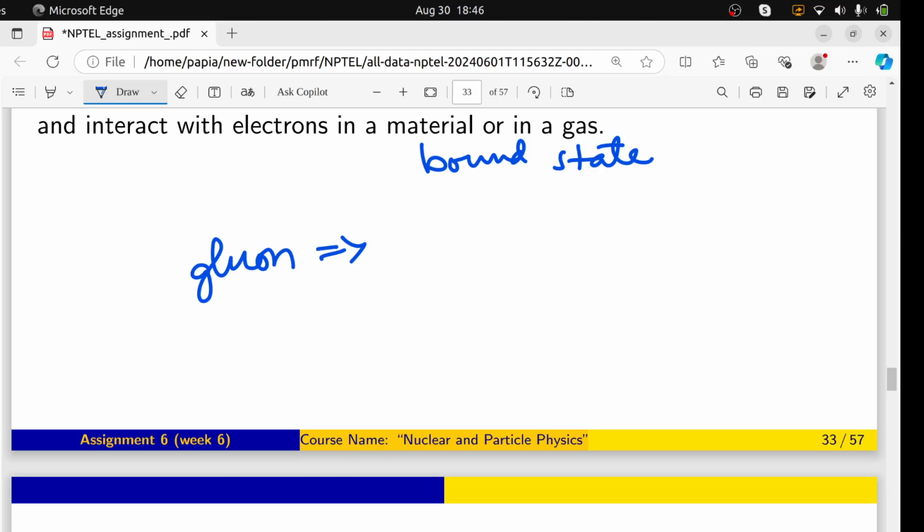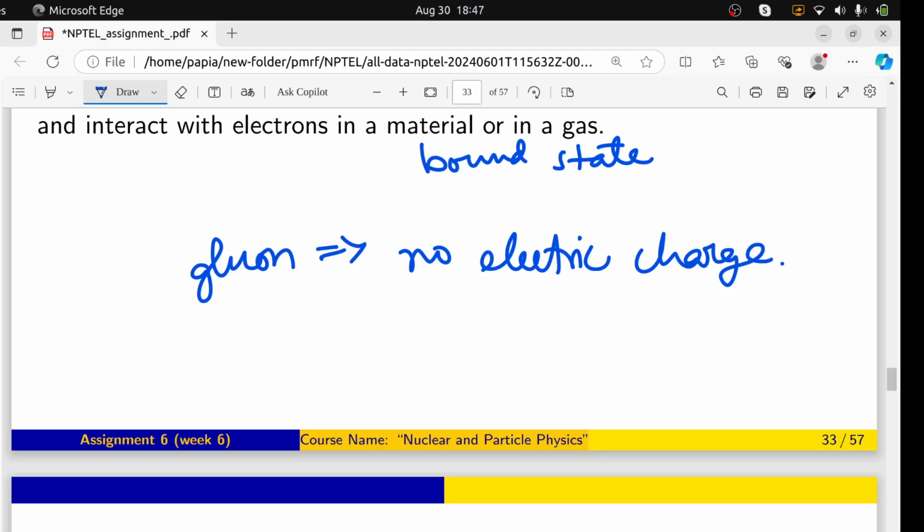But right now, in particle physics, there are so many charges: electric charge, color charge, and so many quantum numbers like lepton number and baryon number. Sometimes people even call lepton number lepton charge and baryon number baryon charge. So for gluon, there is no electric charge. It is neutral.